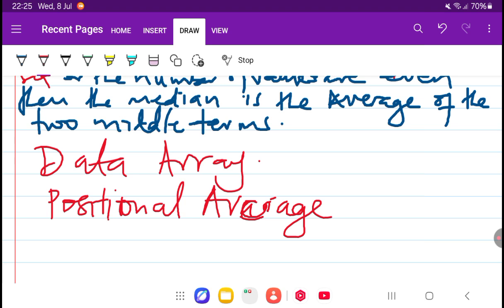When you are computing the median of a data array, we arrange the data set in an order. If they don't specify, we always go by the ascending order. We arrange data values according to their sizes, but we start from the smallest.